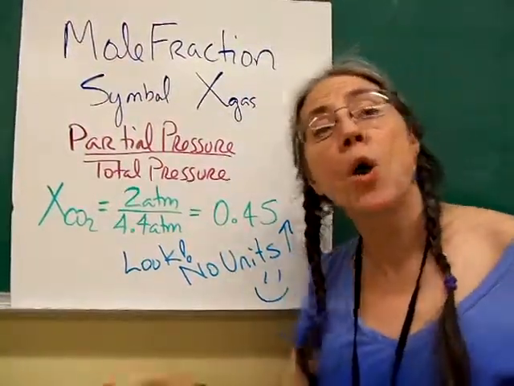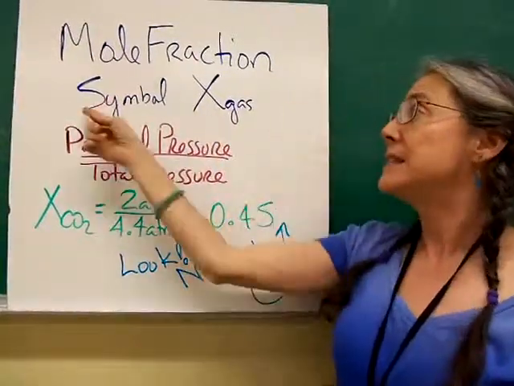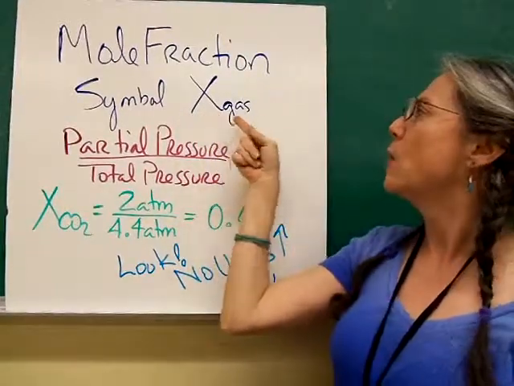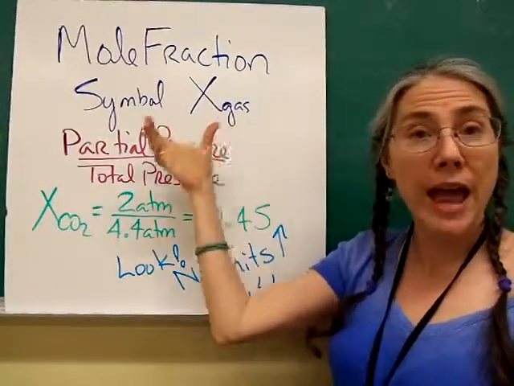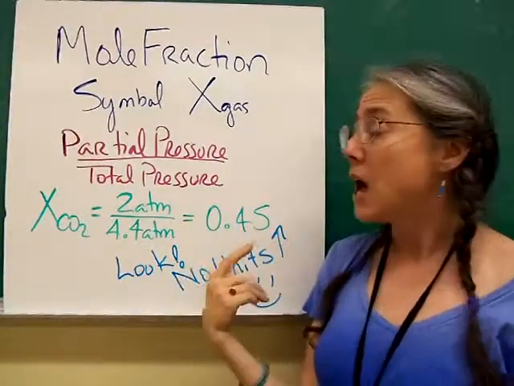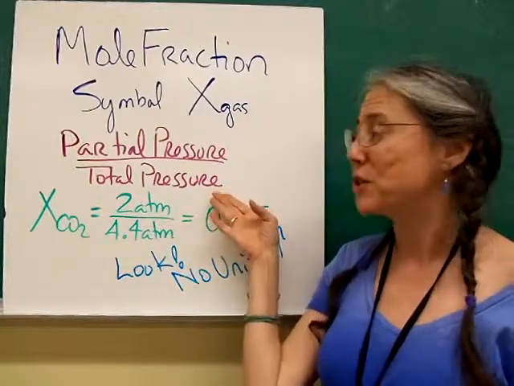So what is the mole fraction? That's our new game. Mole fraction is symbolized by the X, with a subscript of whatever gas we're symbolizing. So this is an easy operation where we have partial pressure over total pressure.